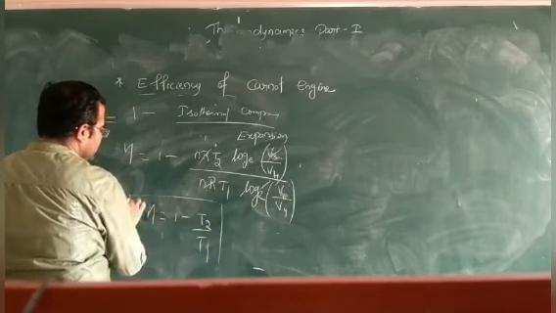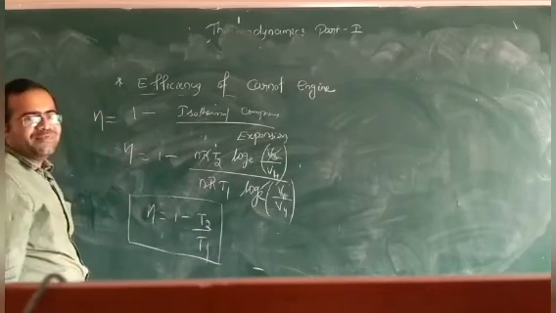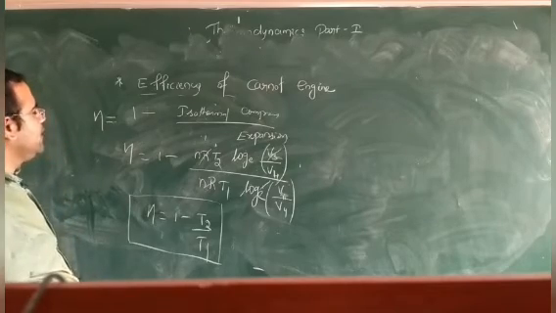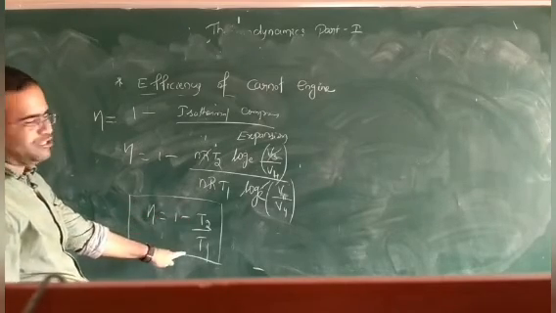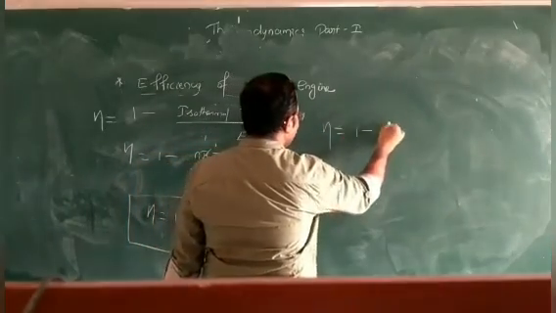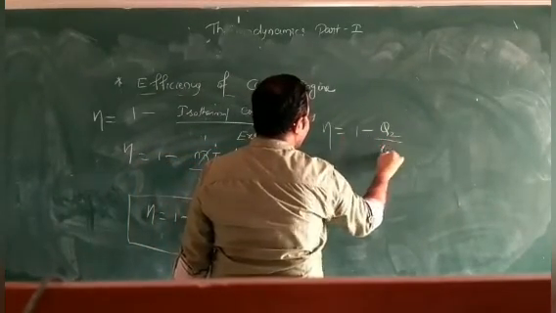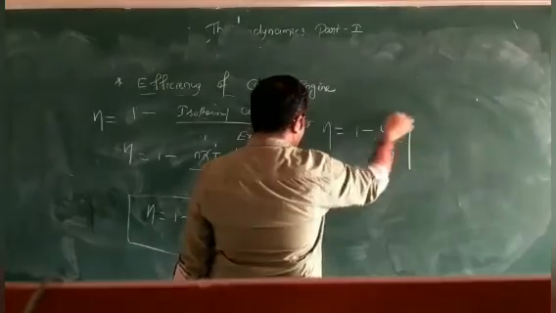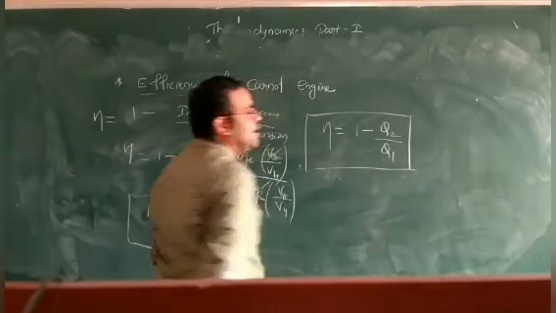So this is also one of the ways to express the efficiency of a Carnot engine in terms of temperature, and the earlier equation is the efficiency of a Carnot engine in terms of the amount of heat energy provided and the amount of heat energy liberated.